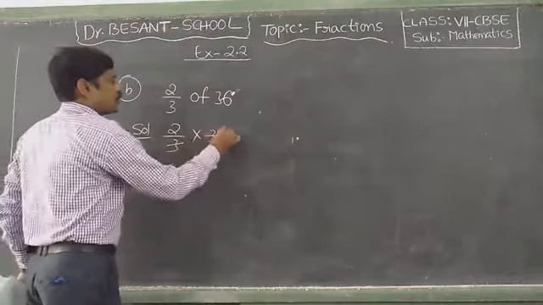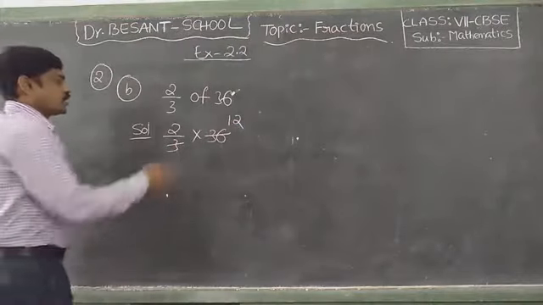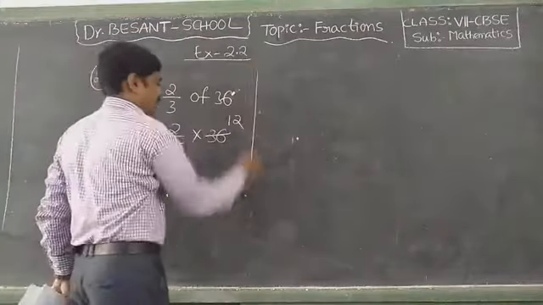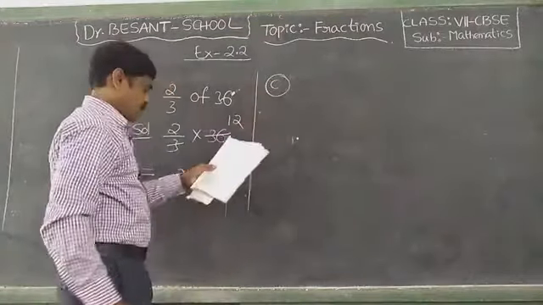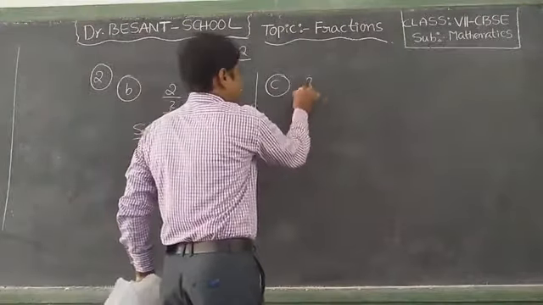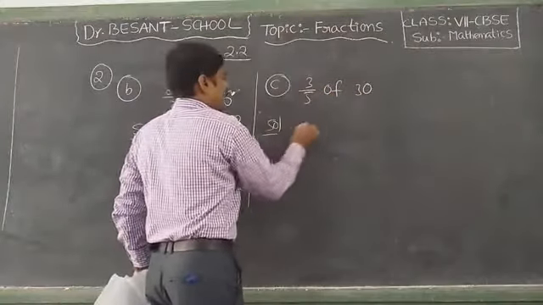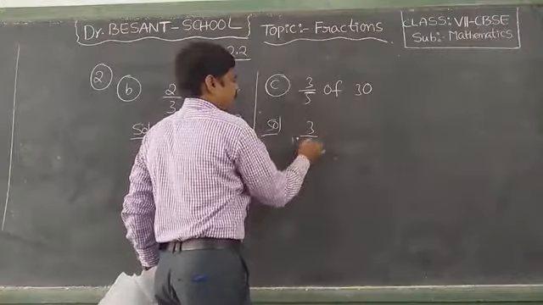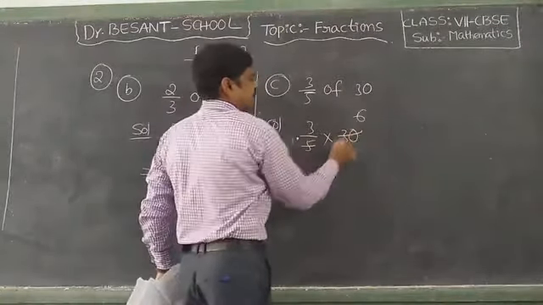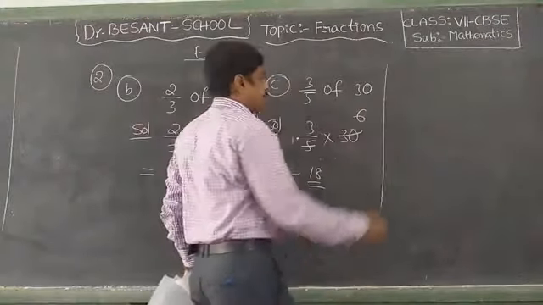That is equal to 3 twelves are 36, so 12 twos are 24. C: 3 by 5 of 30. So 3 by 5 of means into 30. 5 sixes are 30, 3 sixes are 18. Okay.